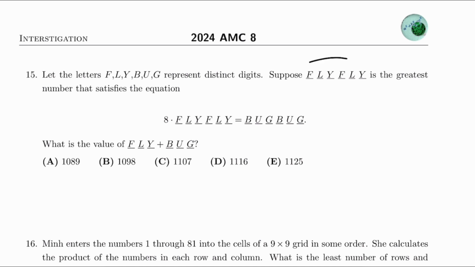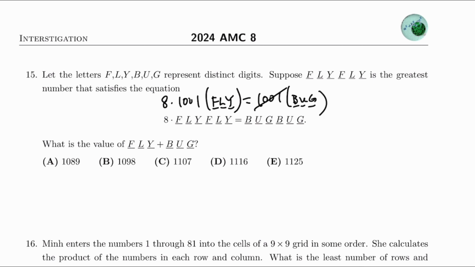So this is a 6-digit number, and we have that 8 times FLY, you can factor this out to be 8 times 1001 times FLY as a number, which is 1001 times BUG as a number.